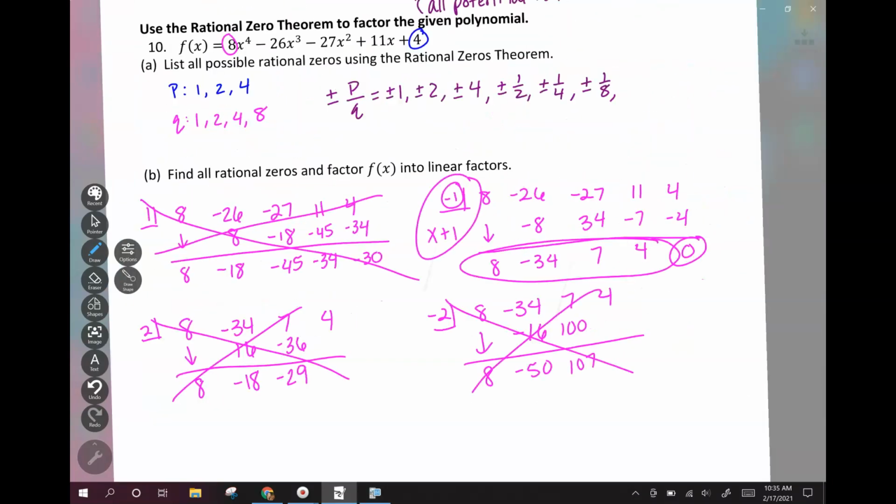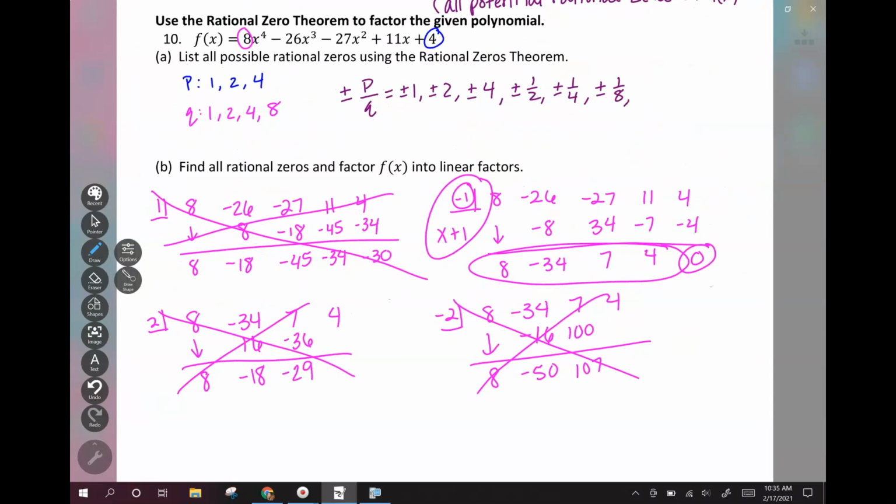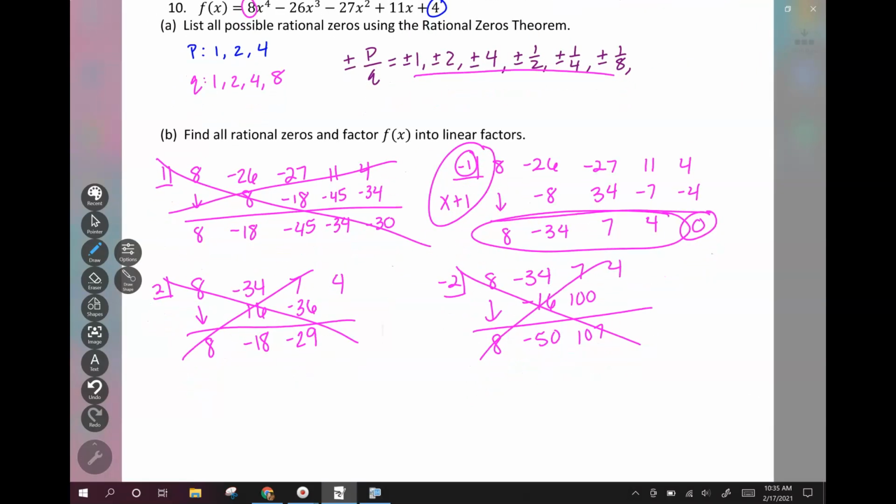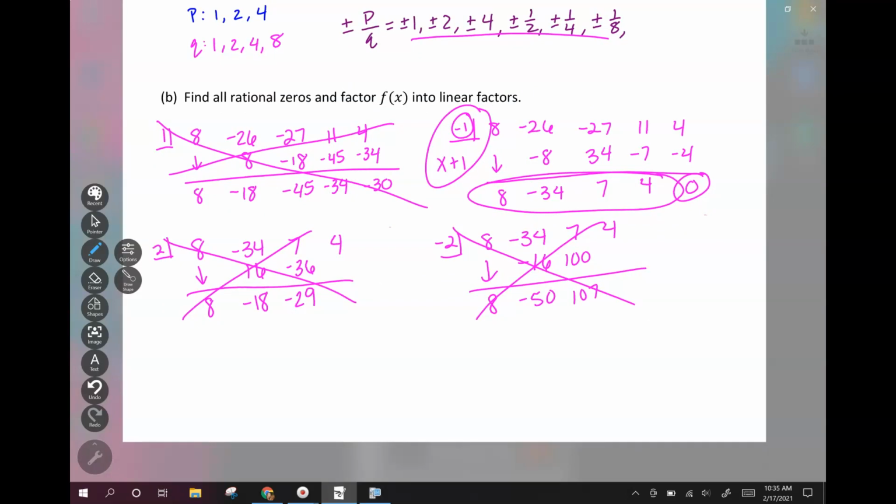So we will try, let's see what's next on our list. So we don't need to do 3, right? Because that's not on our list here. So we're going to go to +4. So we've got 8, -34, 7, and 4. Again, those just coming from our new coefficients after dividing out x plus 1.